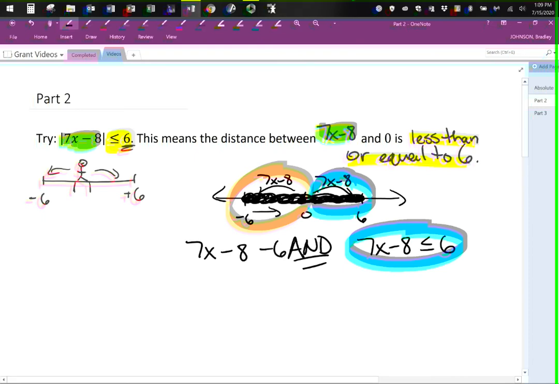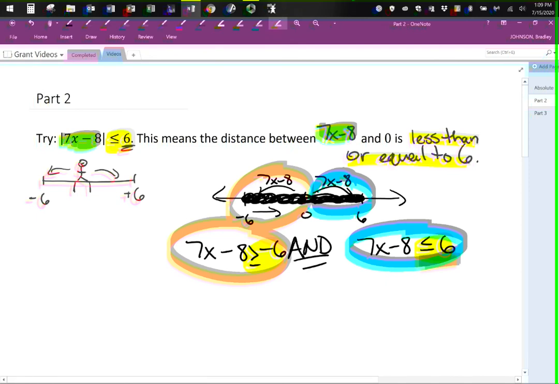Well, I could see that I'm pointing to the right, so this would be greater or equal to -6. Also notice, if we have greater or equal to -6, less than or equal to 6, you can compare those two. If you ever multiply or divide by a negative, you flip the inequality symbol. So by introducing the -6, just remember to flip the inequality.